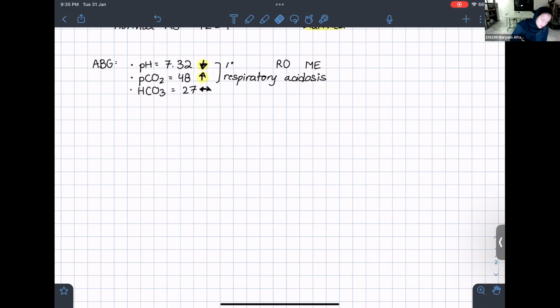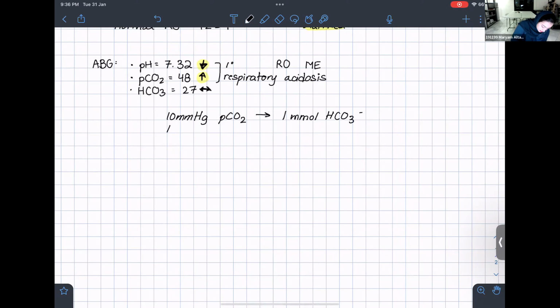Okay. So remember what I told you guys. For every 10 millimeters of mercury change in PCO2, you should have 1 millimole of bicarb compensate. What does this mean?